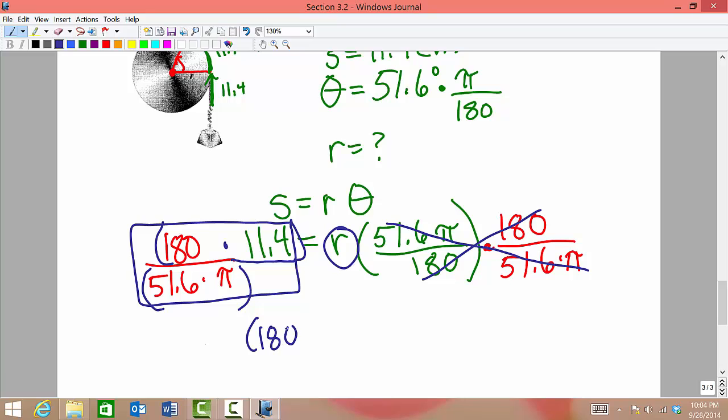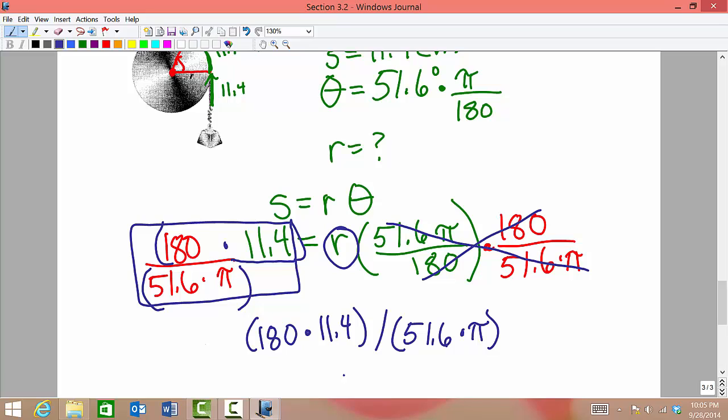Parentheses 180 times 11.4, close parentheses, divided by, parentheses 51.6 times pi, and then close parentheses. So you want to make sure you put parentheses around the entire numerator and the entire denominator so your calculator knows what you're dividing by and what you're actually dividing into.